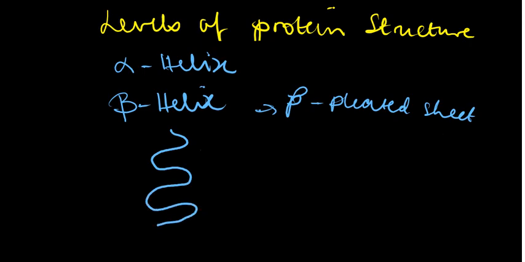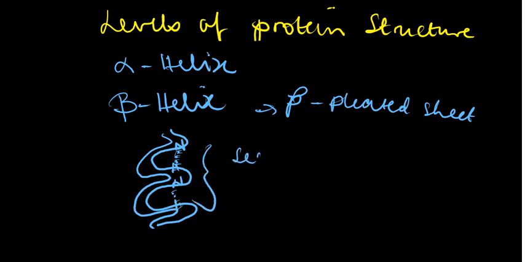Right here we have amino acids that are interacting with each other through hydrogen bonds. If there is an N here and a hydrogen, these two are going to bond through a hydrogen bond, and another one right here. It is this bonding that causes a secondary structure.